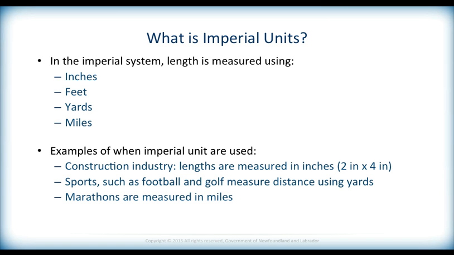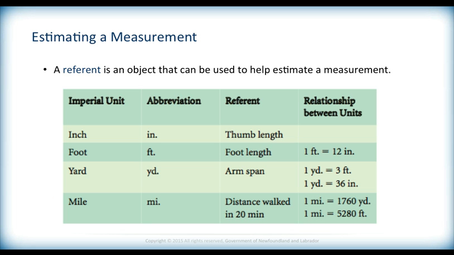Let's take it a step further and see how we can estimate each of these measurements. In the following table, we are looking at the imperial unit, the abbreviation, the referent that can be used, and the relationship between the units.